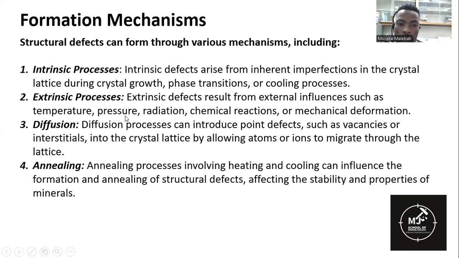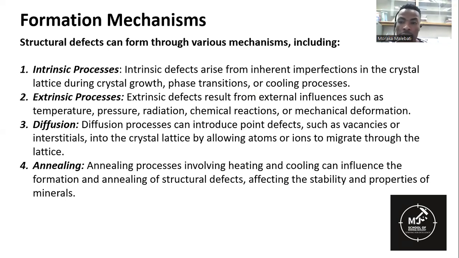Now, diffusion processes can introduce point defects such as vacancies or interstitials into the crystal lattice by allowing atoms or ions to migrate through the lattice. Remember we talked much about the interstitials, substitution, and vacancies.